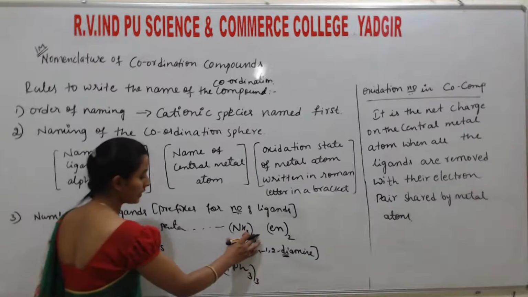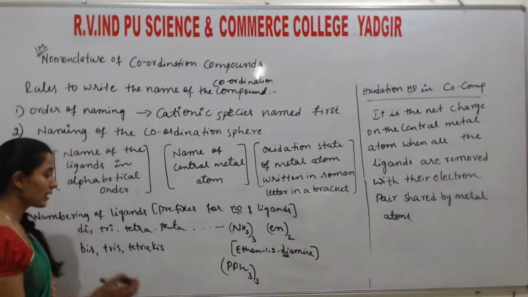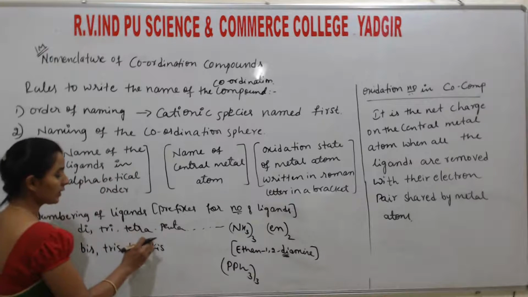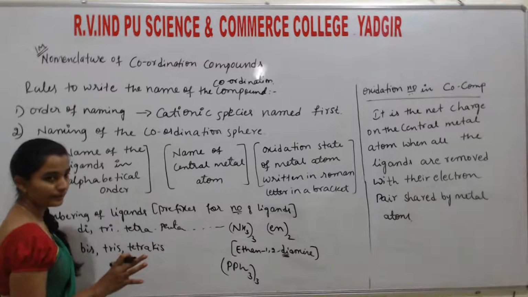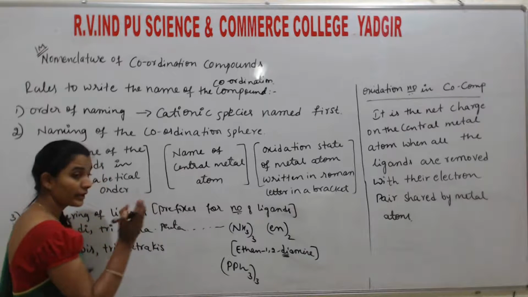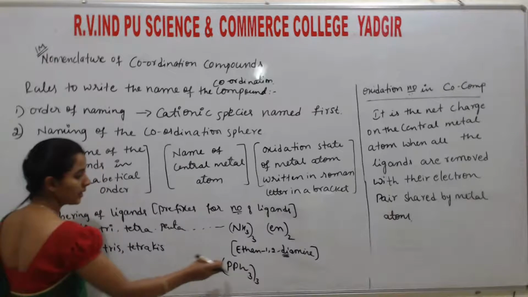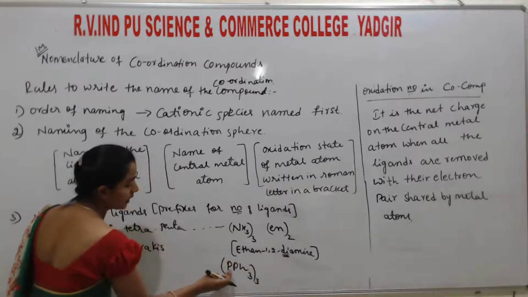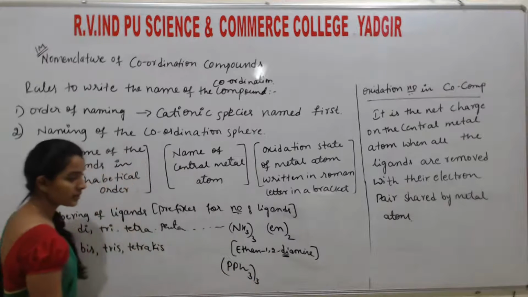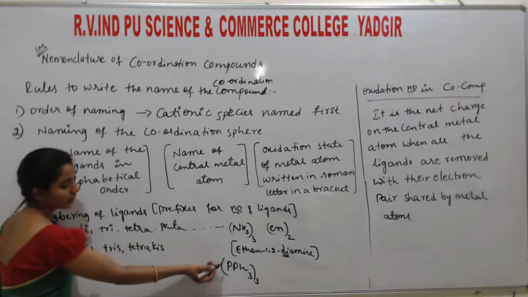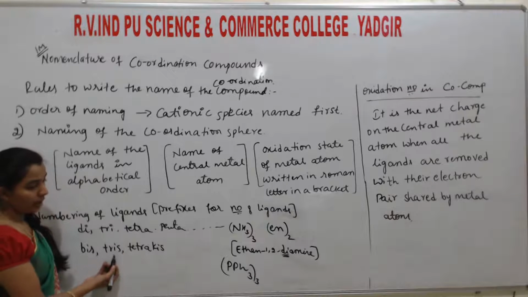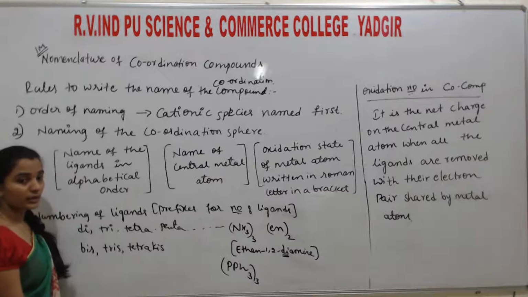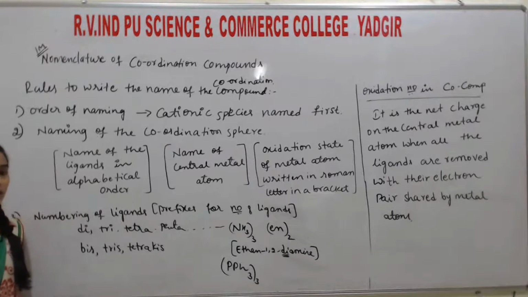If a ligand doesn't contain any prefix like di, tri, tetra in its name, then it follows the prefixes di, tri, tetra, penta, etc. If the ligand name already contains this type of prefix, like ethane-1,2-diamine and PPh3 3 times, then it follows bis(ethane-1,2-diamine) and tris(triphenylphosphine). Understood? This is the way to write the number of ligands in the complexes.